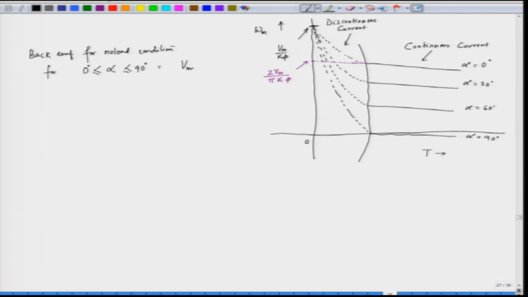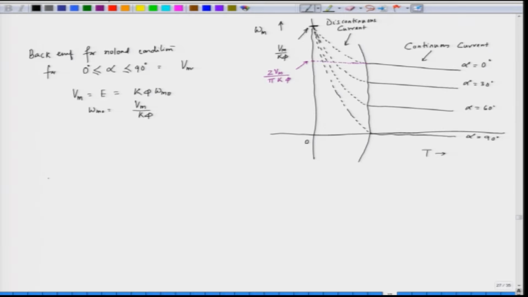So, when the back EMF is the peak of the supply voltage, V m is equal to E, which is equal to k phi omega m naught, that is the no load speed. So, what is the no load speed here? That is equal to V m by k phi.